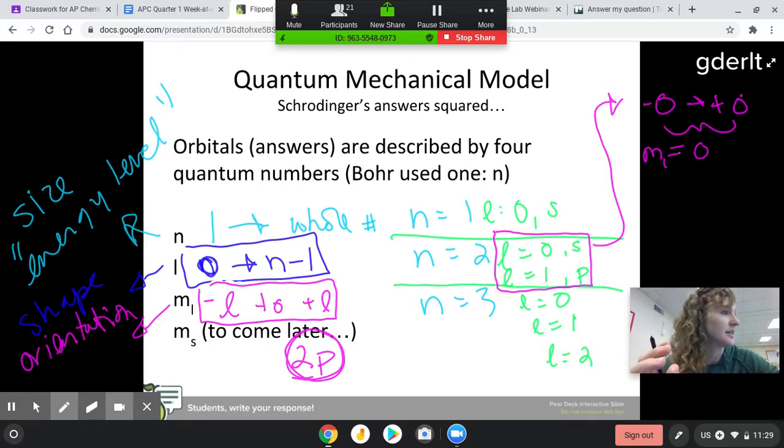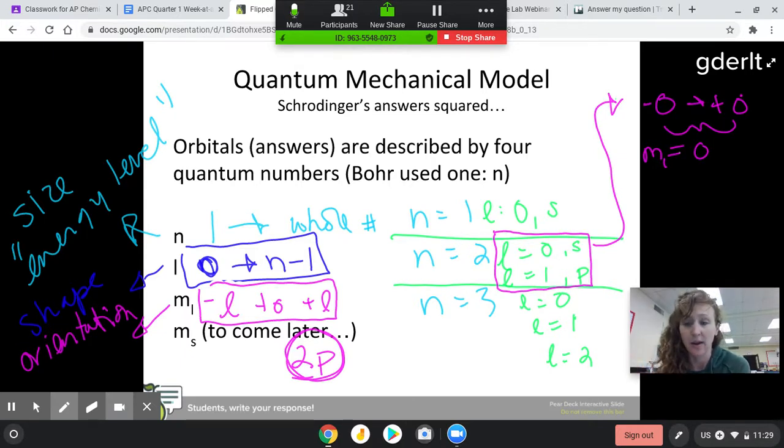And that makes sense. If I have a sphere and I turn it, it still looks the same. It doesn't matter how I turn a sphere. It's always going to look the same. So spheres have 1 orientation.